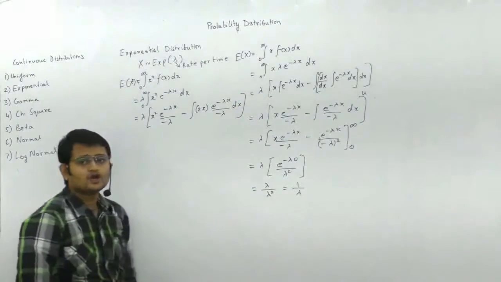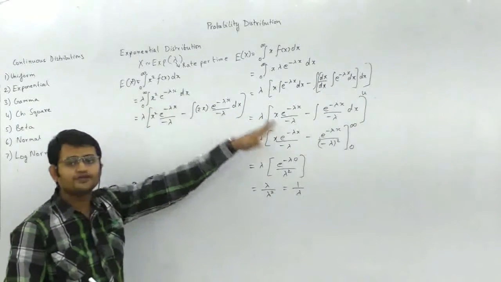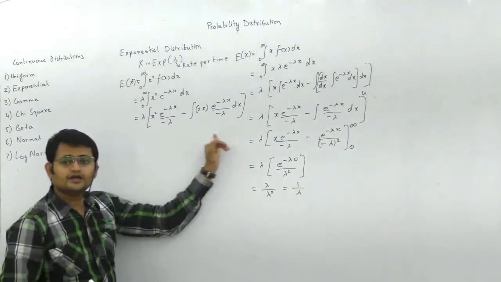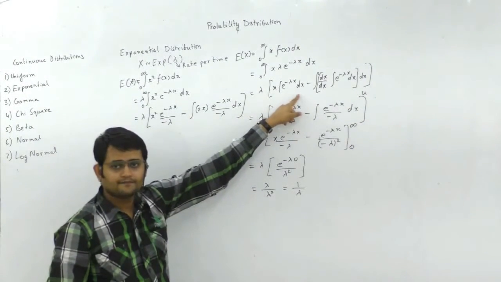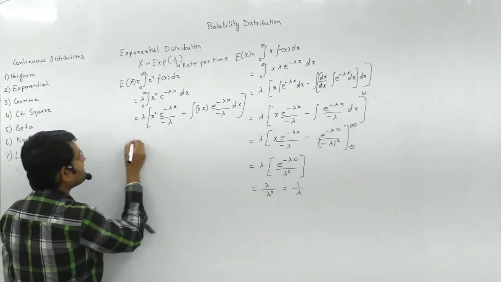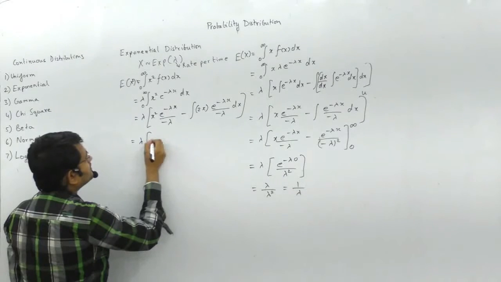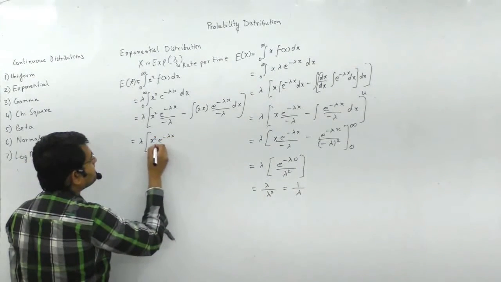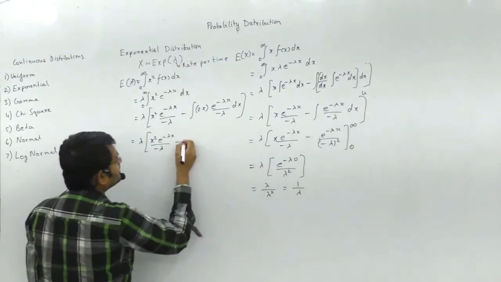Now they are not expecting you in examination to show every step of integration. So you can actually integrate it directly without showing this particular step. So we get lambda here.